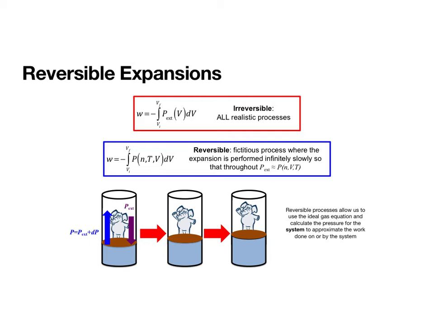And so this integral, starting at V initial going to V final, of negative P times dV, this is true for all realistic processes, irreversible processes. But what we do, because the math of the irreversible process is nearly impossible, our math is hard.